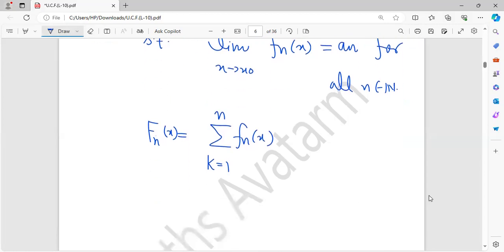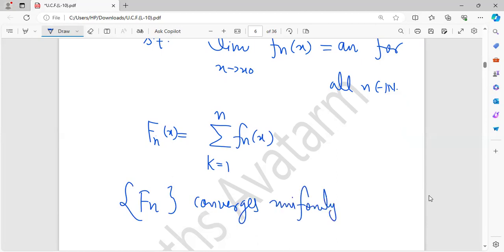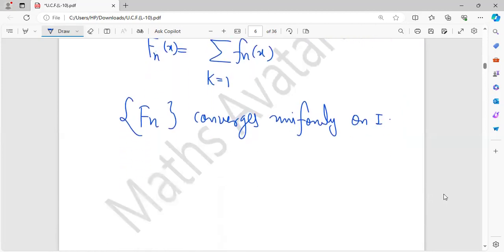Then what does it mean? It means Fn, this sequence, converges uniformly on I to some function. We are not writing that function.